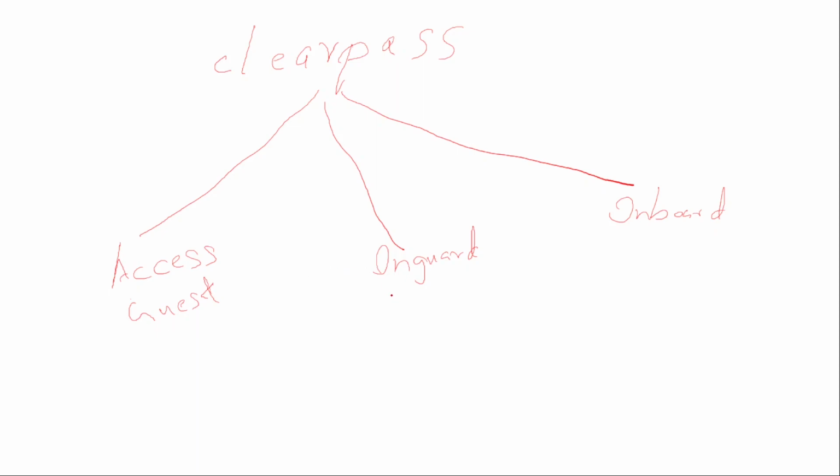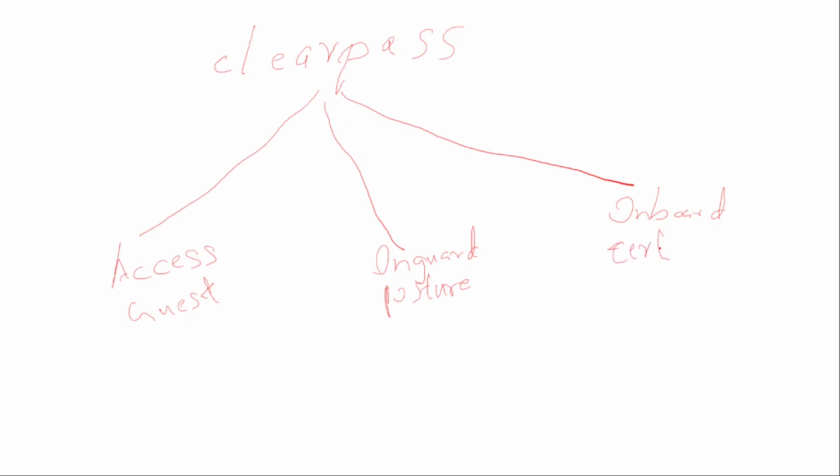OnGuard is for posture checks. This is optional. If you want to do posture checks before the client connects, you need an OnGuard license. This is applicable per device, one license per device. Onboard is to onboard personal devices with certificates.